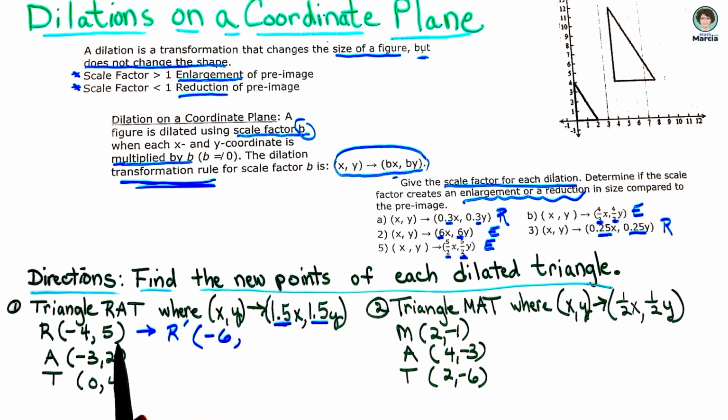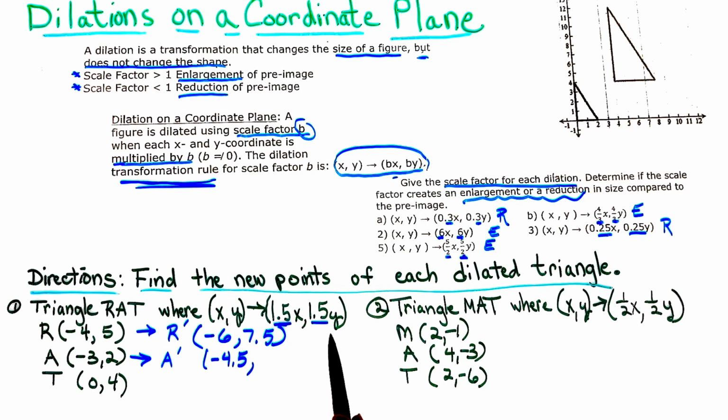And then we're going to do 5 times 1.5, and that is 7.5. So there's our R prime. Then we're going to go to our A prime. Always prime is your new point. So I'm going to have my x and I'm going to have my y. And it's -3 times 1.5, which is -4.5. And 2 times 1.5 is 3.